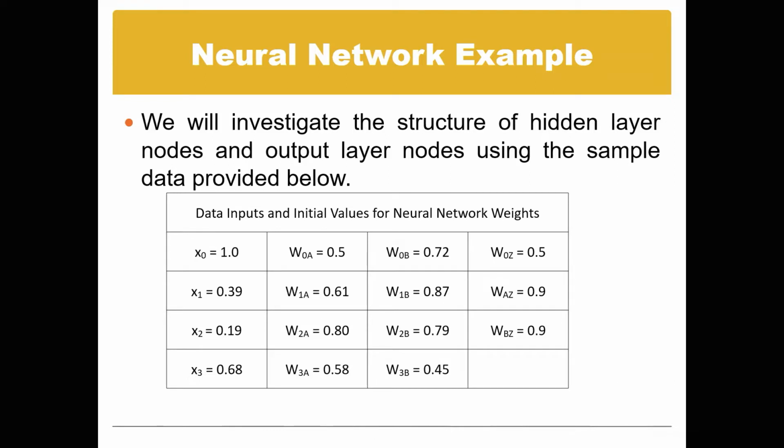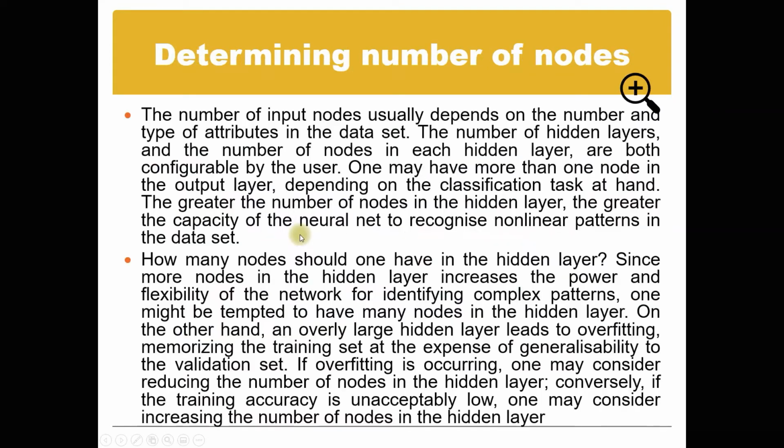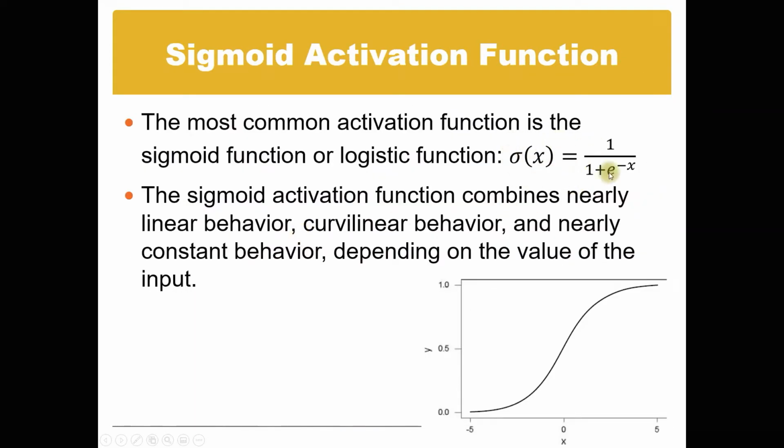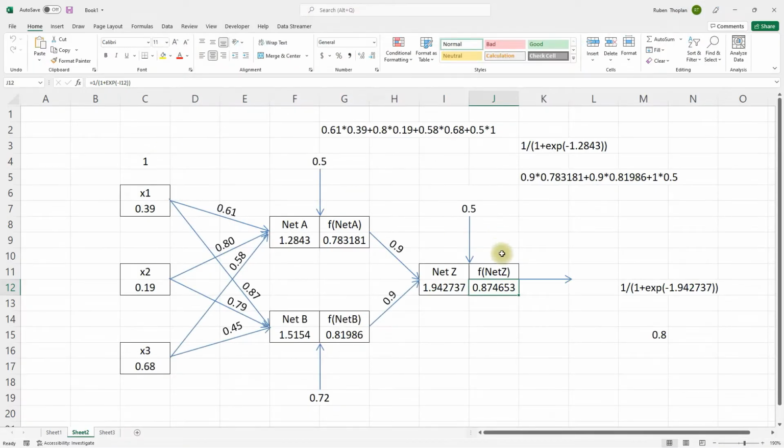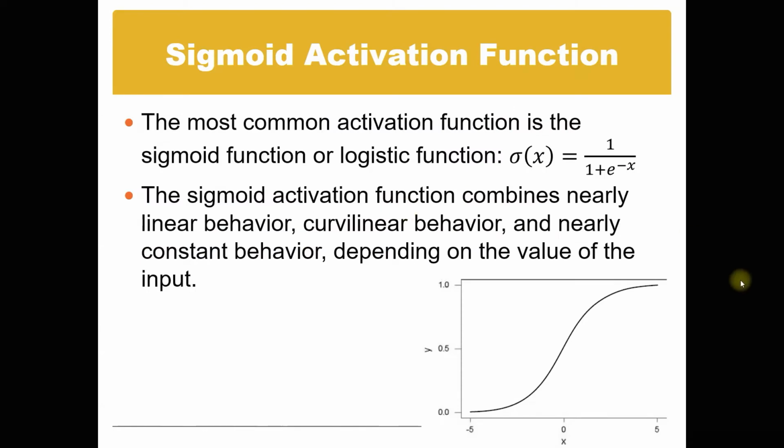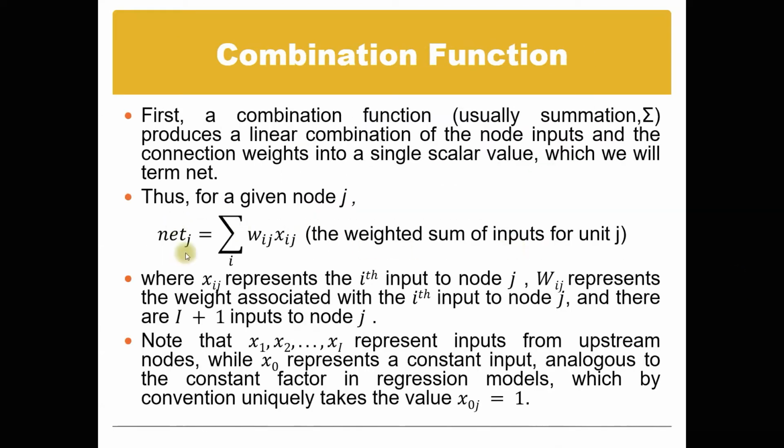The first thing is the sigma x, which were these f(x) that we had in our neural network in the first video. These are our sigma x, and then what we have also are our net j.